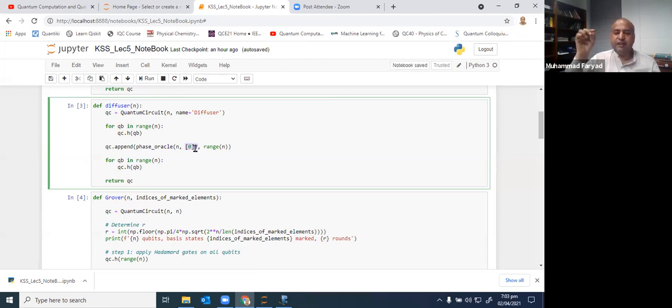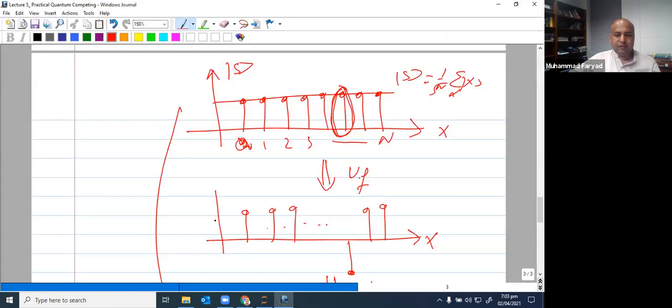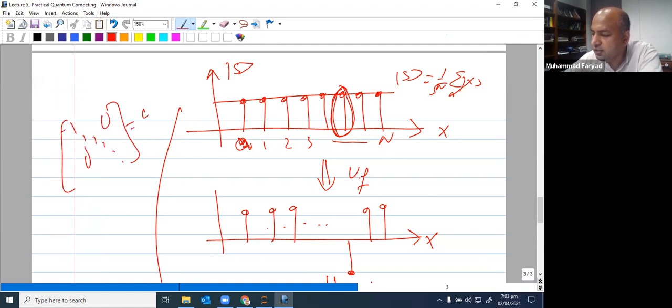So it's -1 and then everything else 1, 1, 1. So when I use this phase oracle here, this will prepare a matrix -1, 1, 1, 1, 1. So this is UF0. I know that I use this -1 and this +1, but it's the same thing. We can have this -1 and everything else plus, or this +1 and everything else minus.